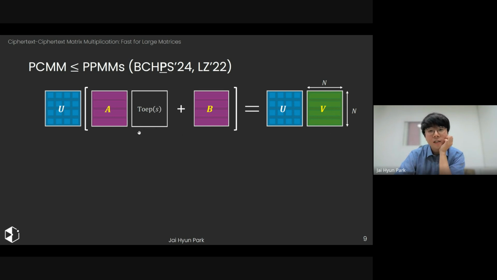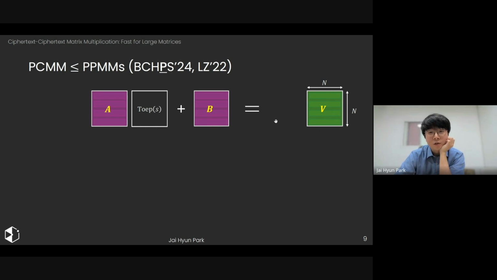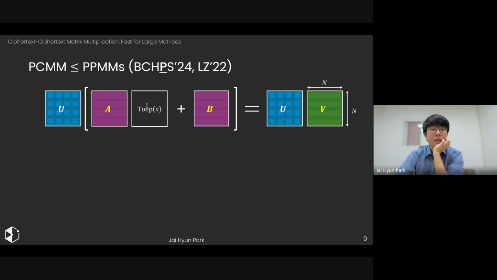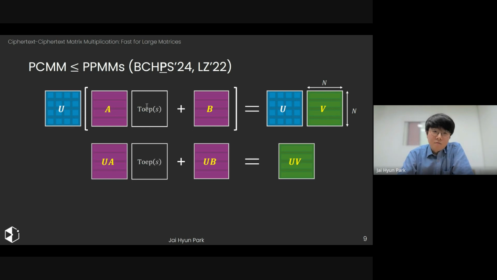So to do that, first we will write the encryption with the matrix equation, and we just multiply the target plaintext matrix on both hand sides. And it turns out to be UA times S plus UB equals UV. As I mentioned before, this relationship is kind of an equivalent relation.